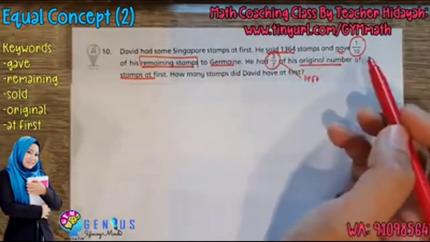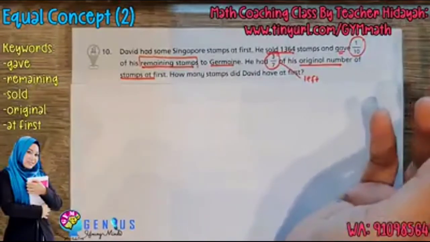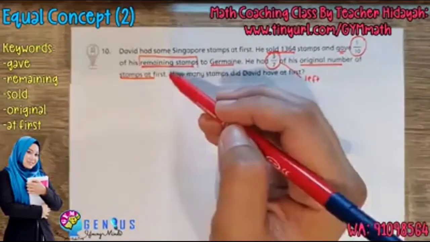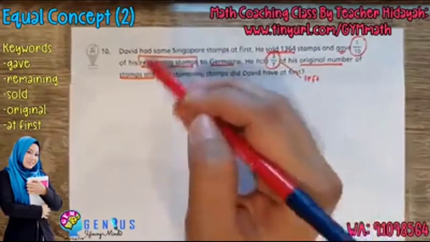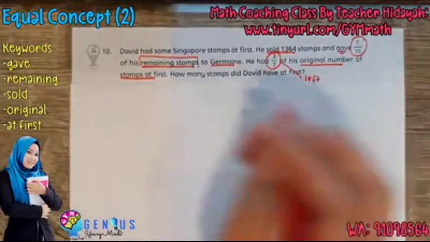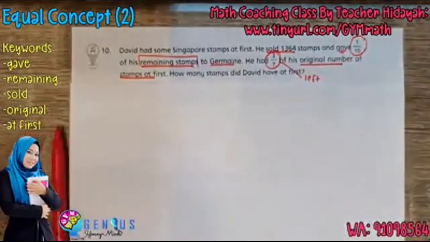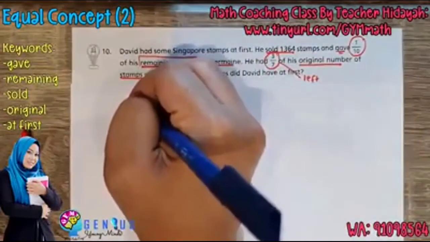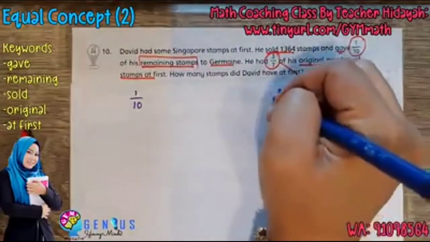Okay, so for this question, you need to actually dive deep into the question. He gave 1/10 of the remaining stamps, so you have to find out what the remaining stamps are, and what's the leftover from there first. So we need to list down the fractions. I always get my students to list down the fractions first. So I have 1 over 10, and then I have 3 over 7 here.